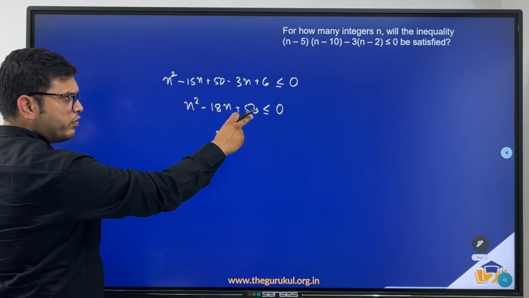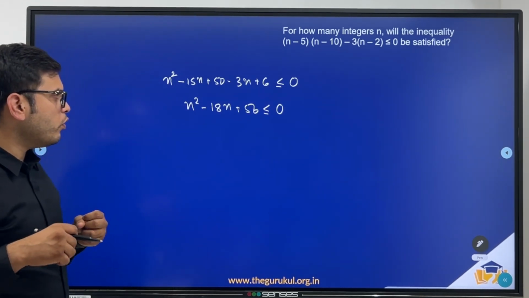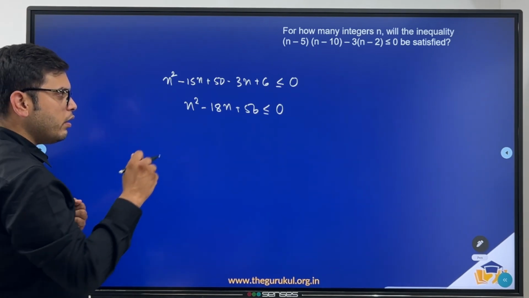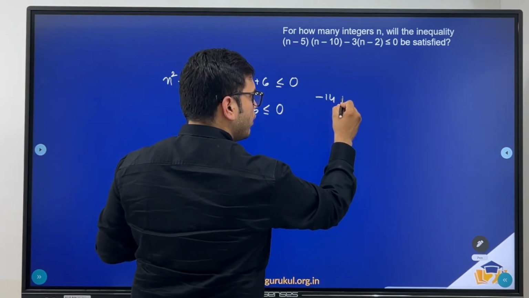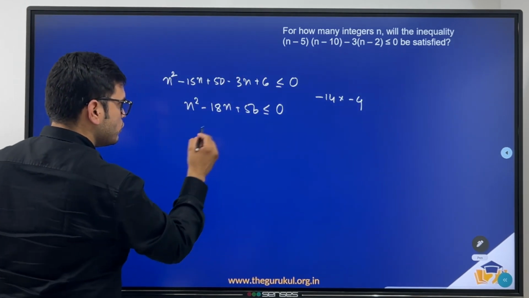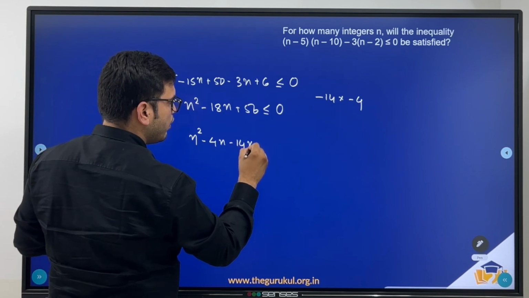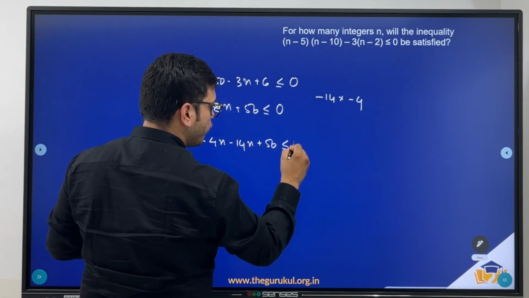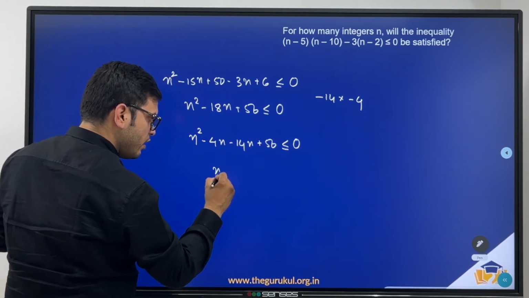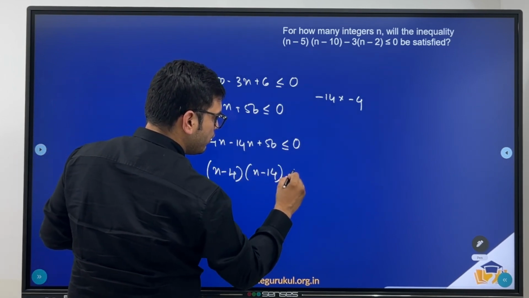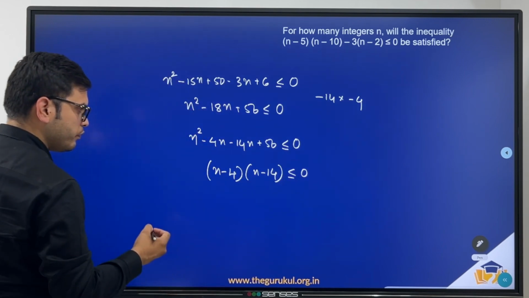So 56. Now we need to write 56 as a product of two numbers which add up to give us minus 18. So they are minus 14 and minus 4. So I can write this as n square minus 4n minus 14n plus 56 less than or equal to 0. Now this is (n minus 4) into (n minus 14) less than or equal to 0, right?